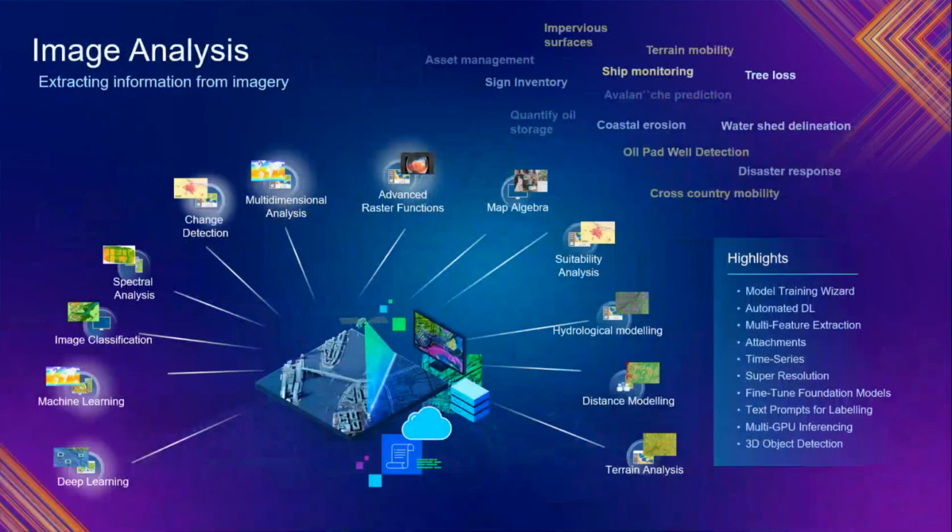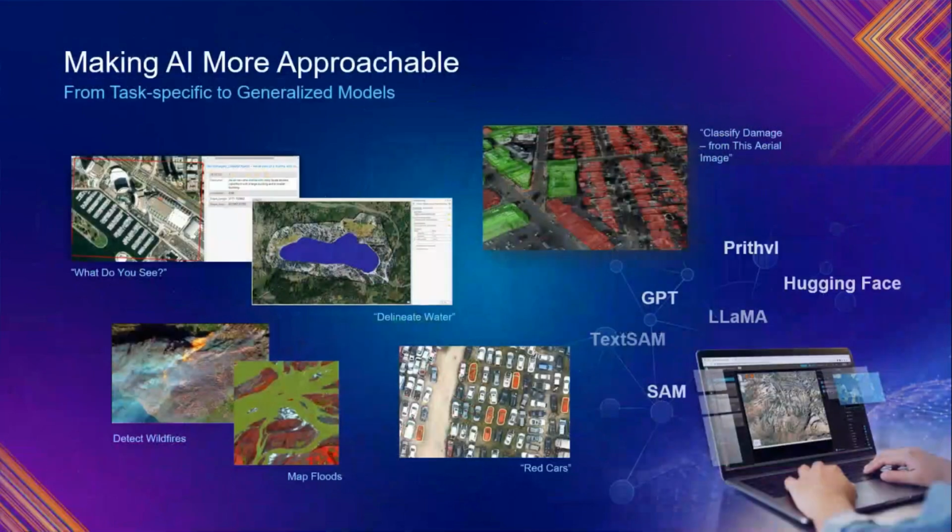Image classification, machine learning. So these are all the different tools that are available. ArcGIS has literally hundreds of tools for extracting information from imagery. Even things like hydrological modeling. I showed that, remember the water flooding analysis. That's a typical example of that.